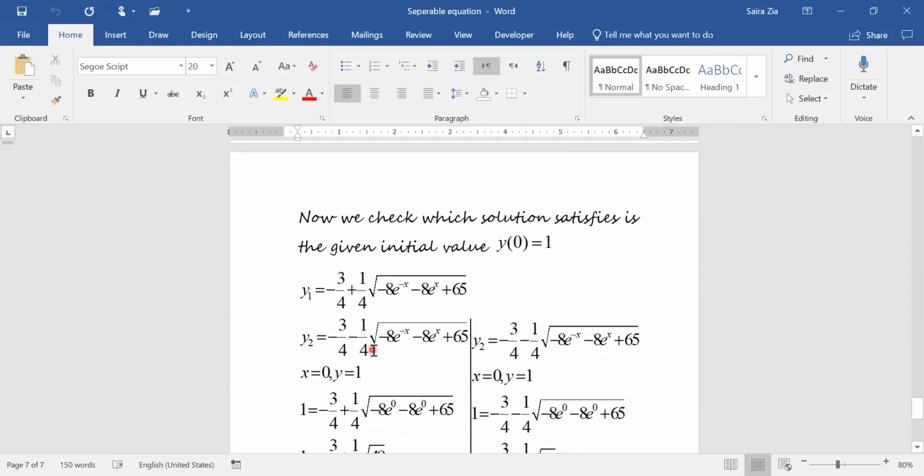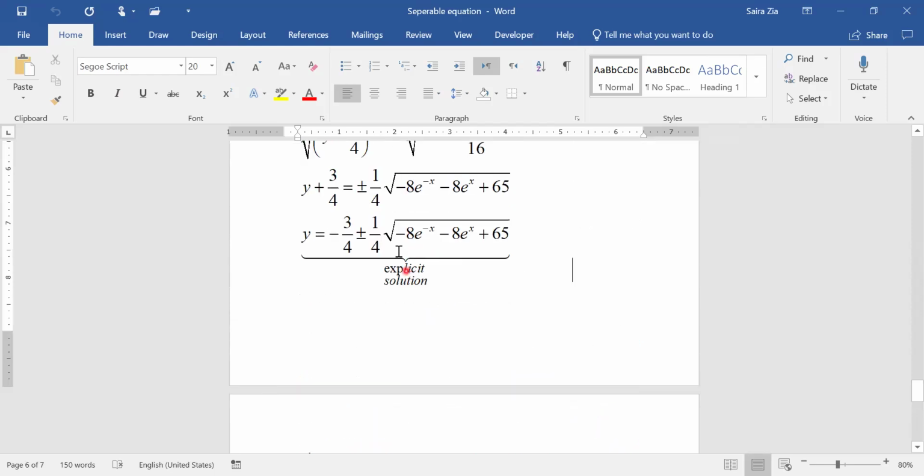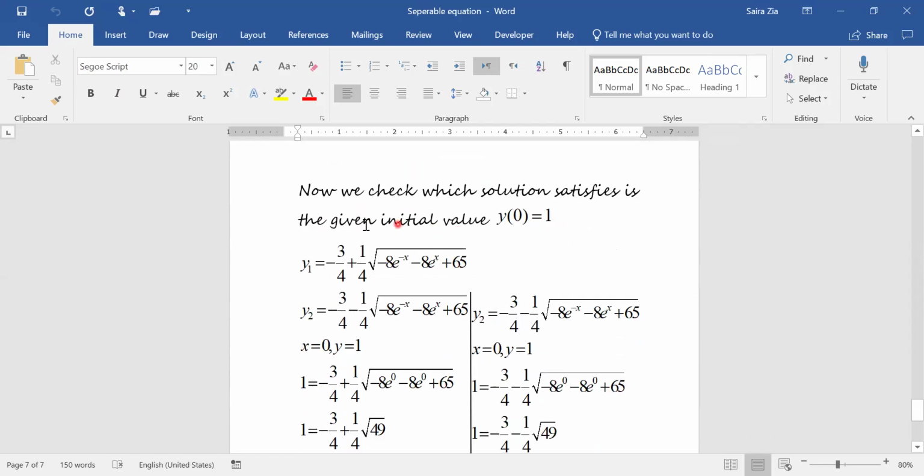And we can check our answer if we want. Here we are having two solutions, one with the plus sign and the other with the negative sign. So we can check by substituting the initial values, like y of 0 equals 1, so y is 1 and x is 0. We substitute one time with the plus term and the other solution with the negative, so that is y1 and y2.